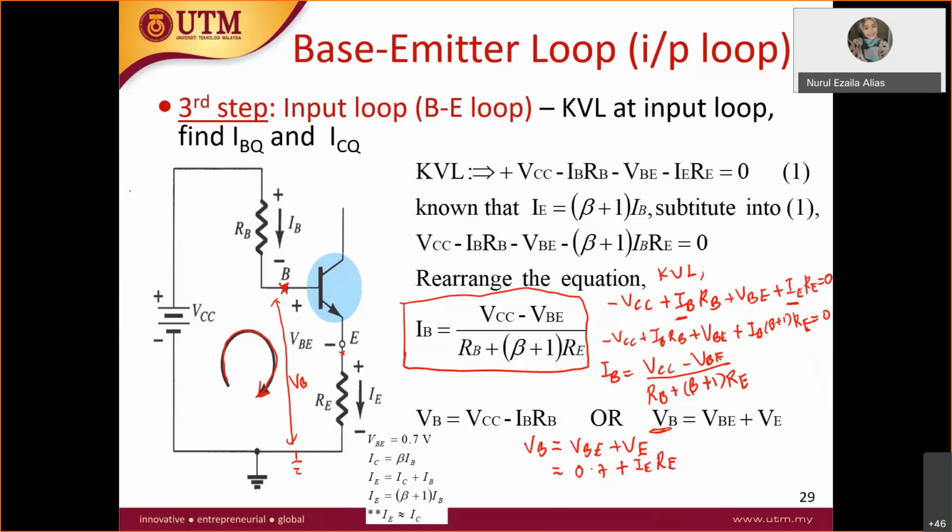Since you already got the value of IB here, therefore it is equal to IB times beta plus 1, RE. All right, so that's how you do it. So this is for the input loop.